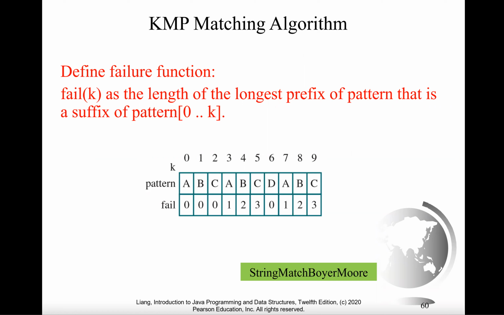In doing so, the successful match of characters prior to the mismatch is ignored. The KMP algorithm takes into consideration the successful matches to find the maximum number of positions to shift the pattern before continuing the next search.